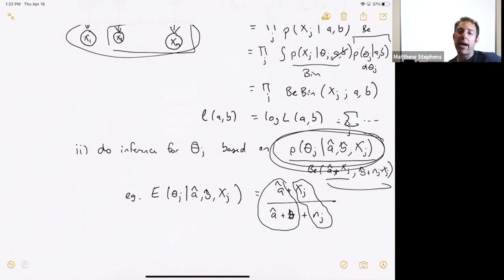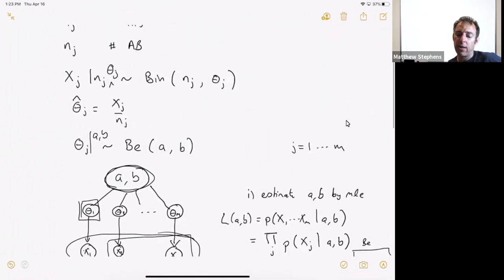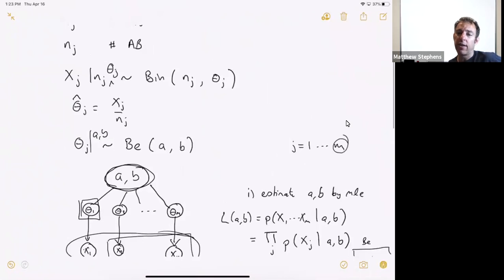And whether that matters or not really depends a lot on how much uncertainty there is in A and B. If you look at the baseball example, M is pretty big in the data set that Dave Robinson gave.